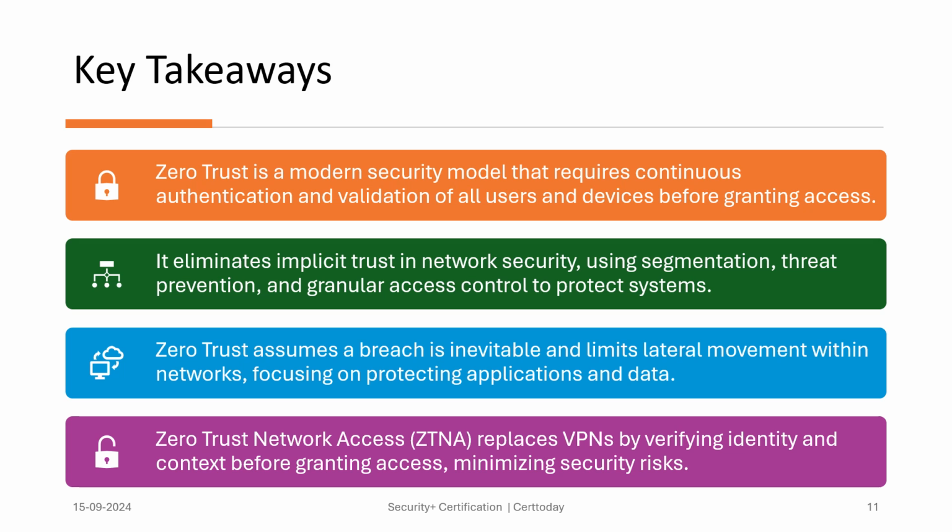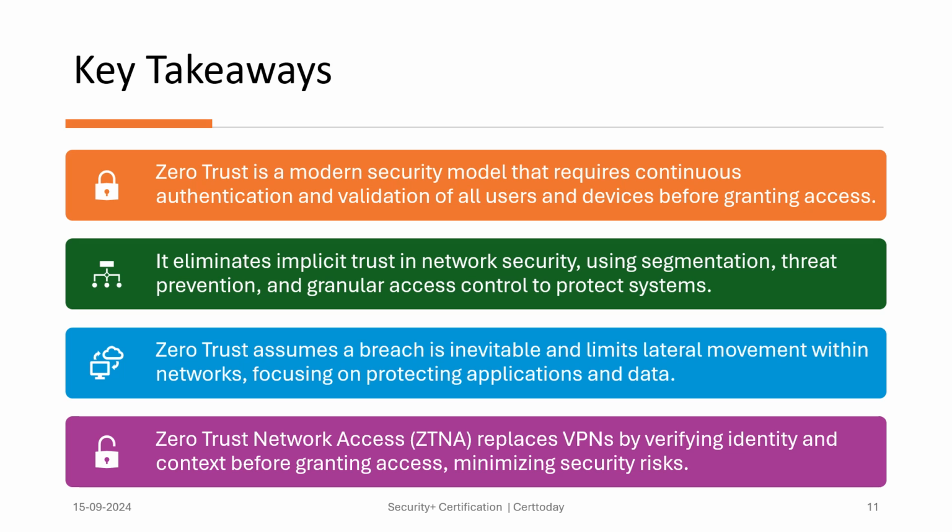One, Zero Trust is a modern security model that requires continuous authentication and validation of all users and devices before granting access. Two, it eliminates implicit trust in network security using segmentation, threat prevention, and granular access control to protect systems.